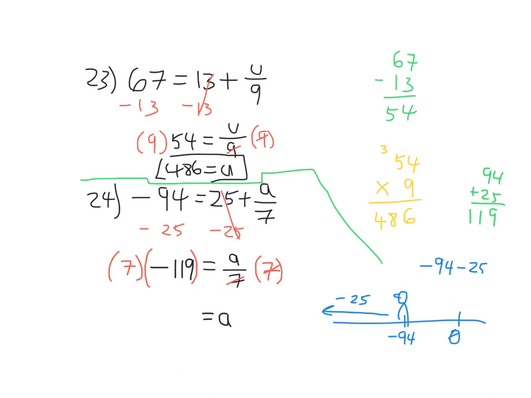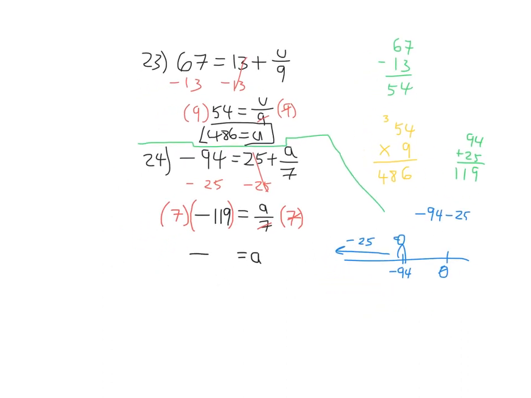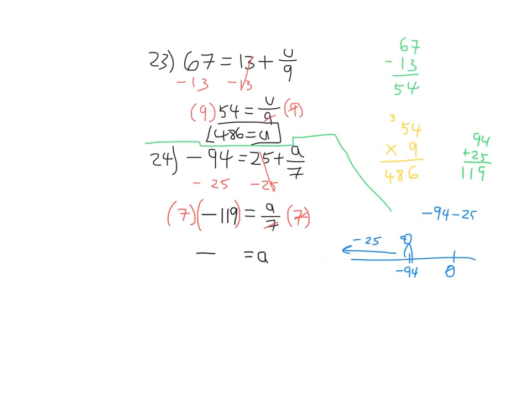First of all, it's a negative times a positive, so we know the answer is going to be negative. But then the question is, what is 119 times 7? We have to go off to the side and figure that out. So 9 times 7 is 63. Hopefully my student remembers that from earlier. Units digit is 3, carry the 6.